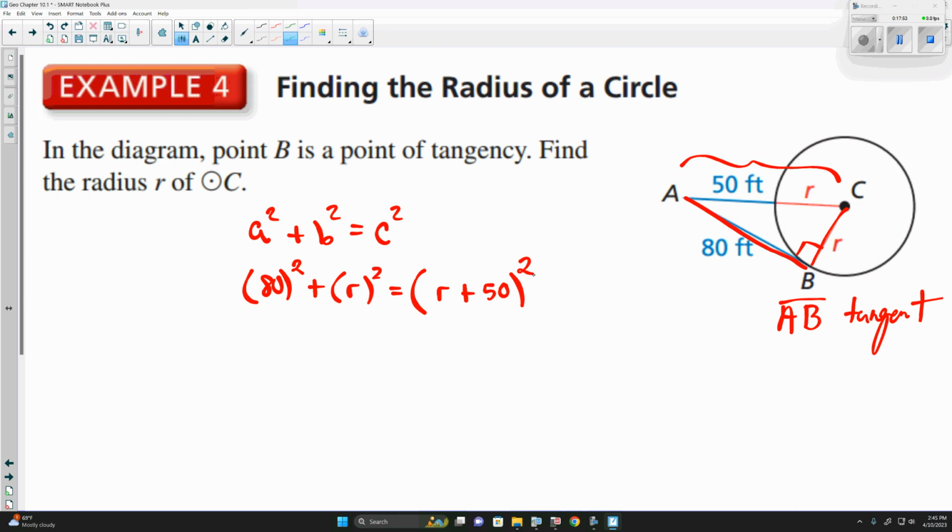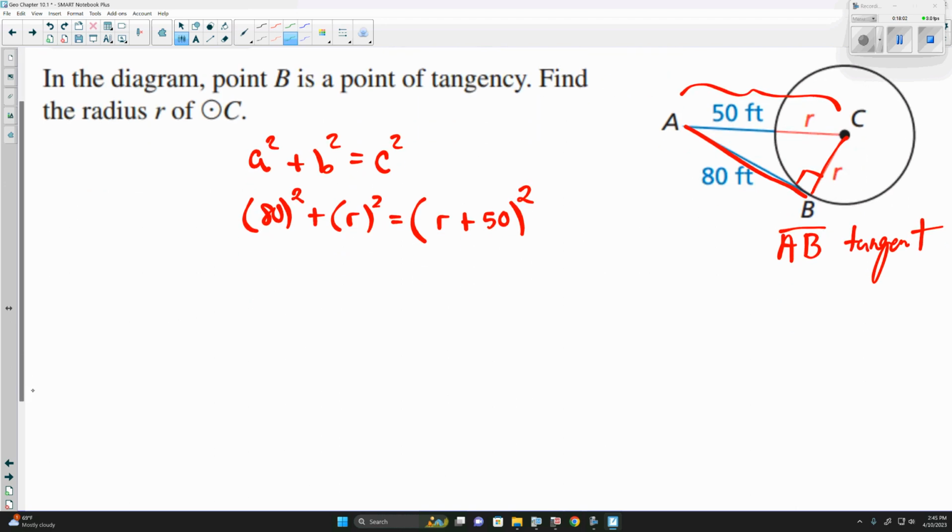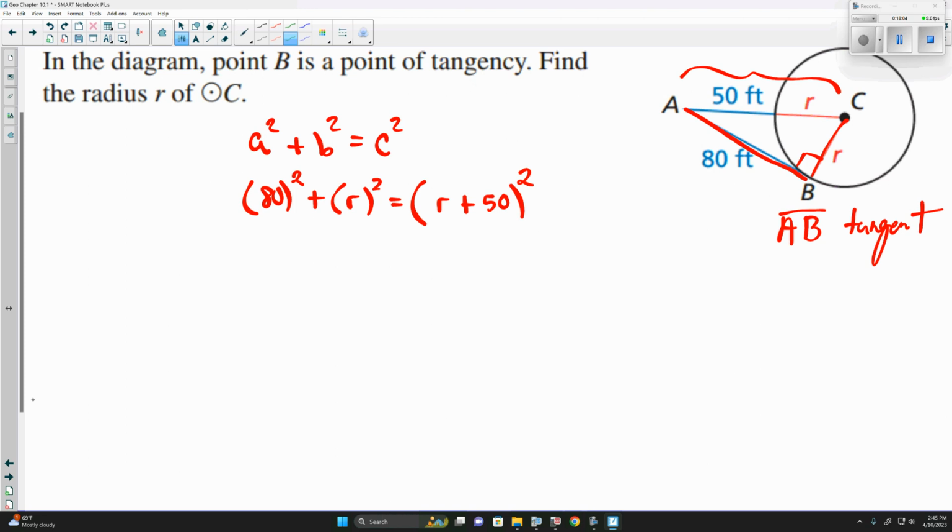Either one of them works. So we'll see how this works. It's been a minute since you've had to multiply r plus 50 by r plus 50 squared. But this will actually work out quite nicely.